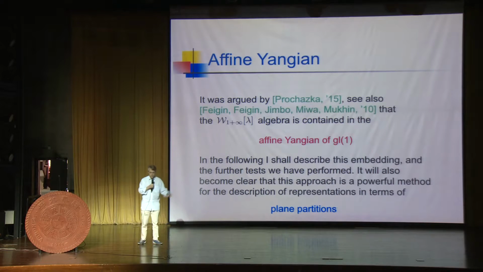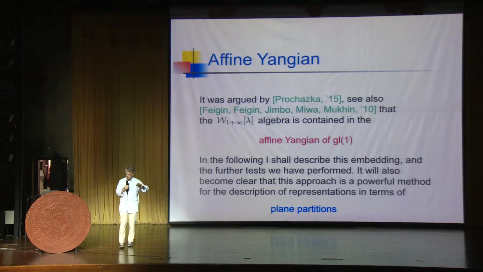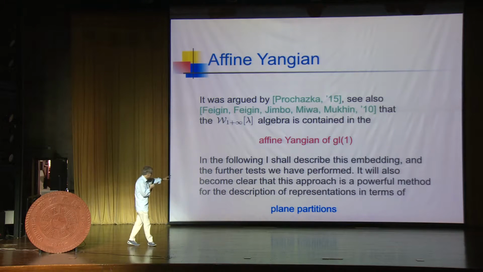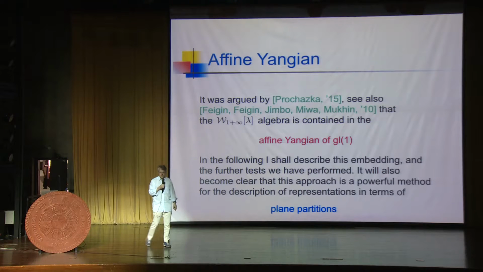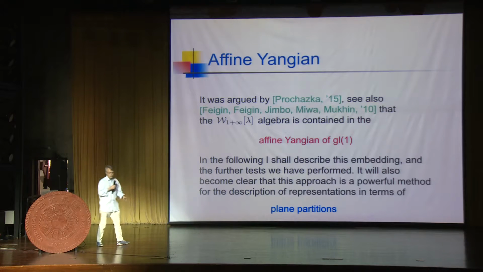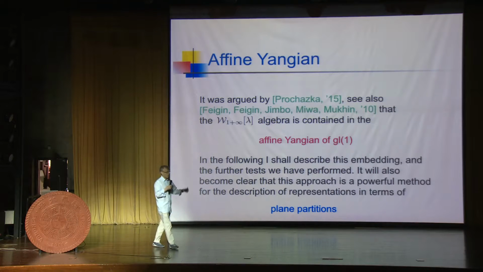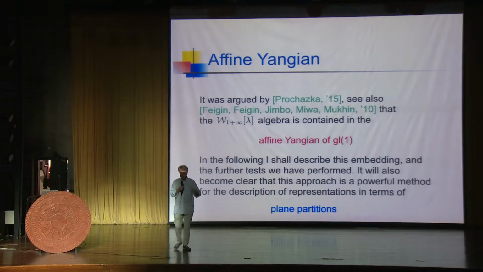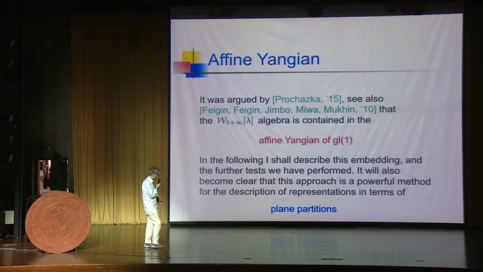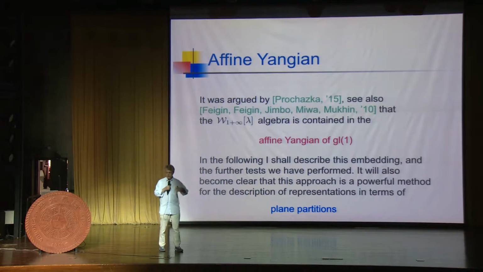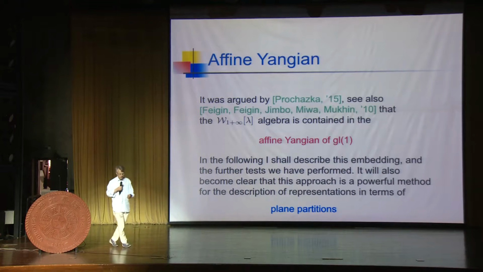In the following, I want to explain to you how this embedding works, and the additional further tests we have performed relative to what he has done. It will also become clear that this is a very powerful technique for describing the representations of the W infinity algebra, because the representations of the W infinity algebras will be labeled by plane partitions, so there's a neat way of understanding, say, the characters of these representations geometrically.